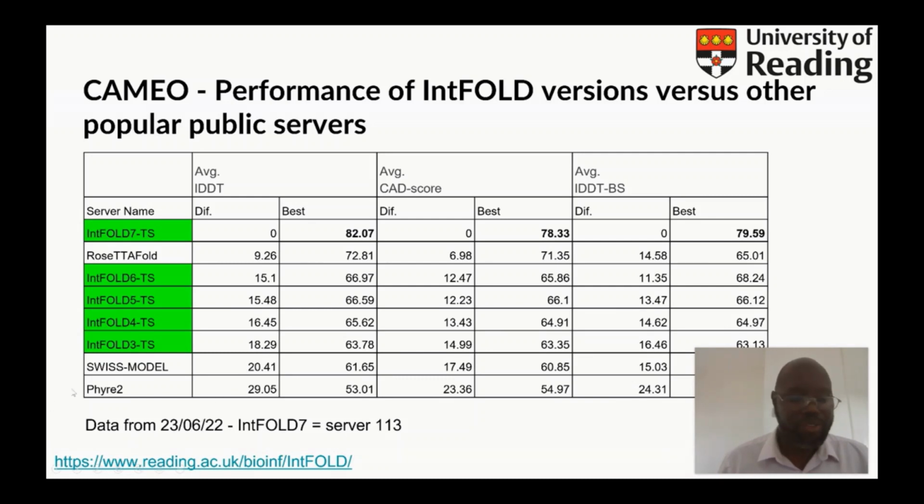The reference method is IntFOLD version 7, and it is shown to outperform all other methods according to all metrics. In addition, the older versions also performed comparatively well versus other leading servers.